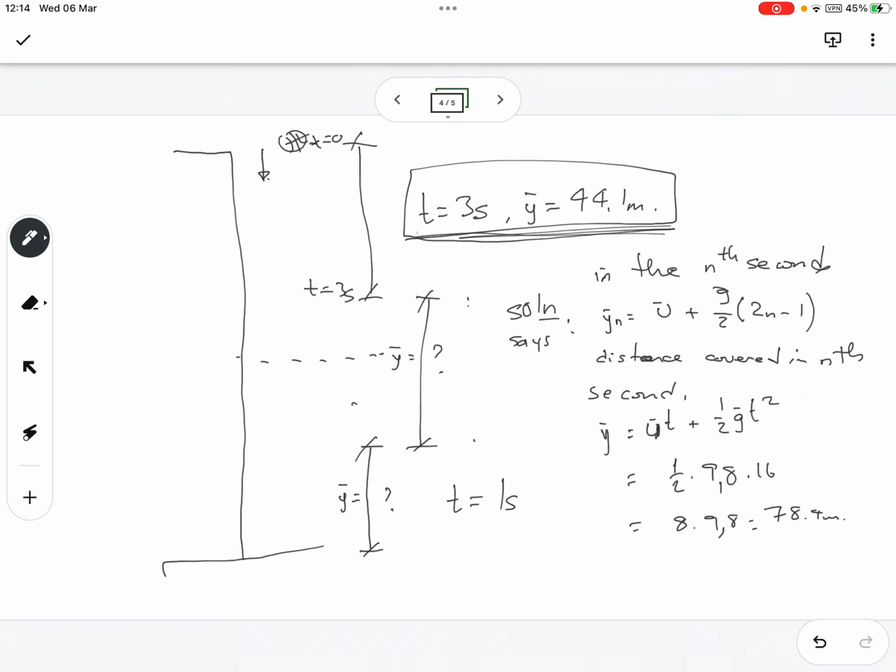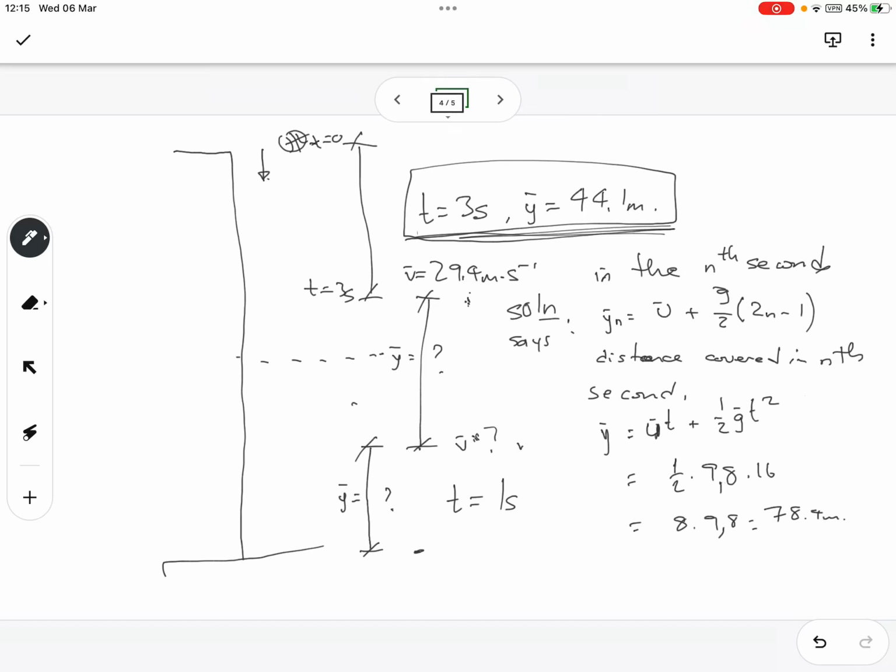Remember here somewhere we've got a velocity. We worked that out as 29.4 meters per second, but we don't know the velocity here, and perhaps we could use that velocity as an initial velocity.